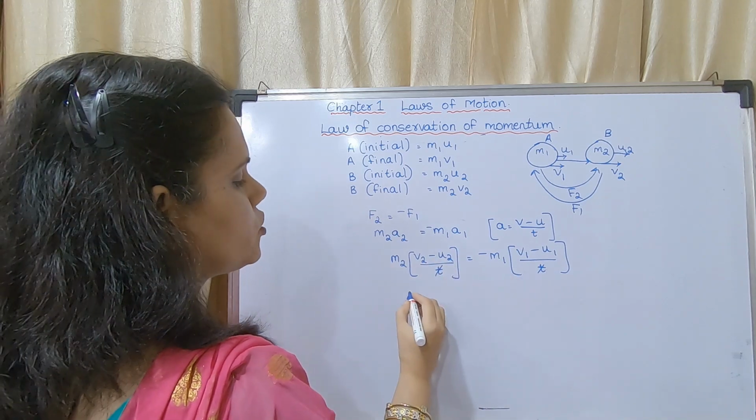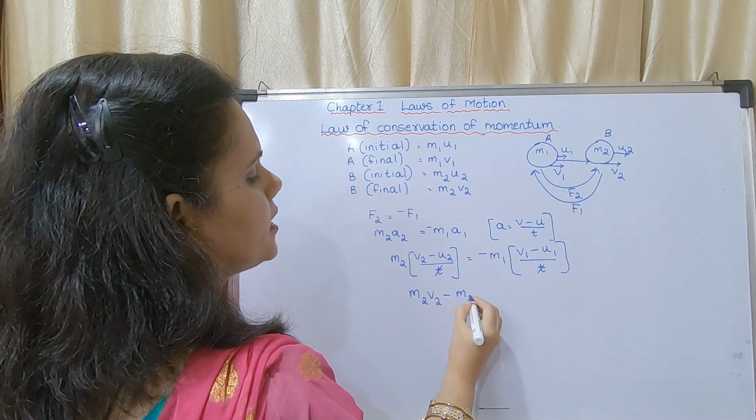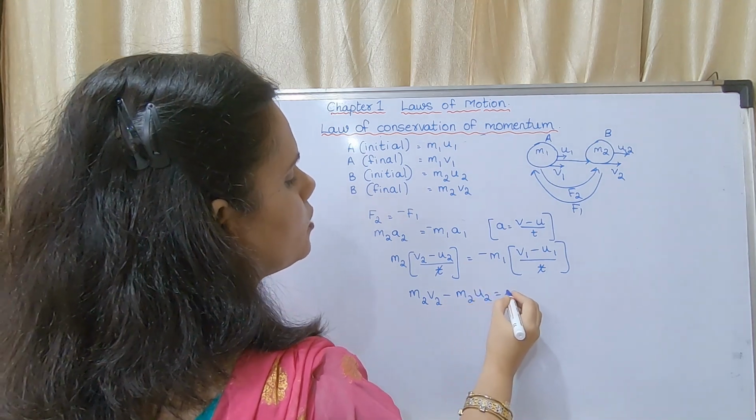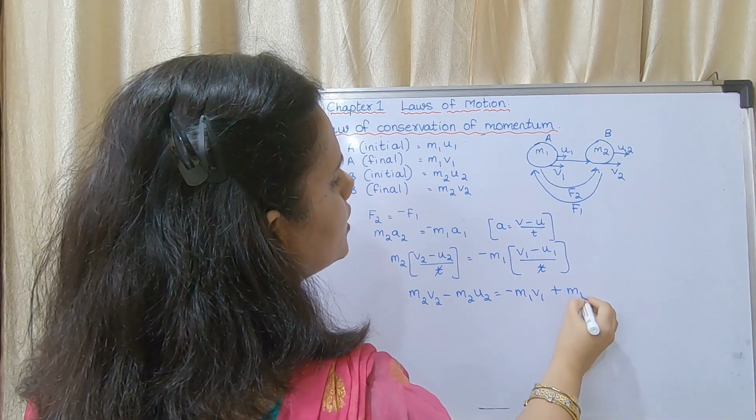Opening the brackets, you will get M2 V2 minus M2 U2 is equal to minus M1 V1 plus M1 U1.